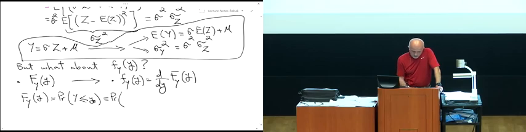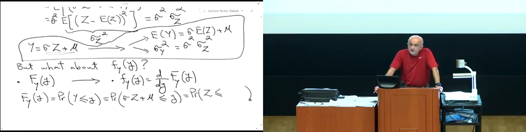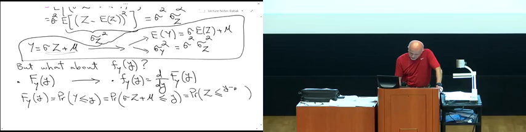If Y is less than or equal to y, it means this expression, sigma z plus mu, is less than or equal to y, which means z is less than or equal to what? Now that's an equality from middle school. Y minus mu over sigma.